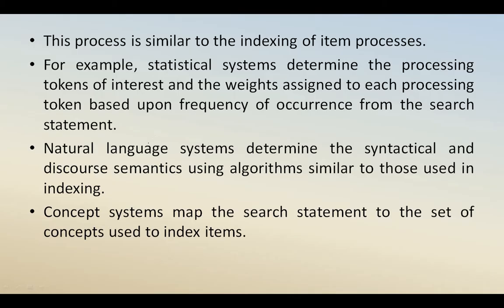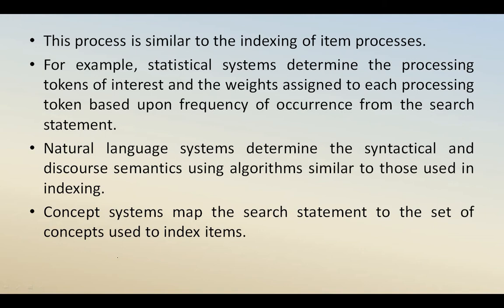So what is the set totally? It is one set of extracting the items. It can give some importance, some statistical measure, and it counts frequency of occurrence. Natural language systems determine syntactical and discourse semantics, and concept systems map the search statements to the set of concepts.